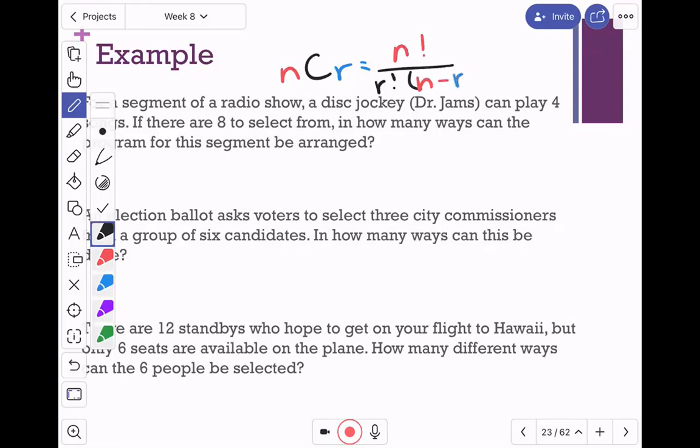There you go. Now I want you to realize that you have your permutation formula sitting here. You're multiplying the bottom by r ways. You're throwing away the ones that are repeating. That's what this is saying. Throw away the repeats.